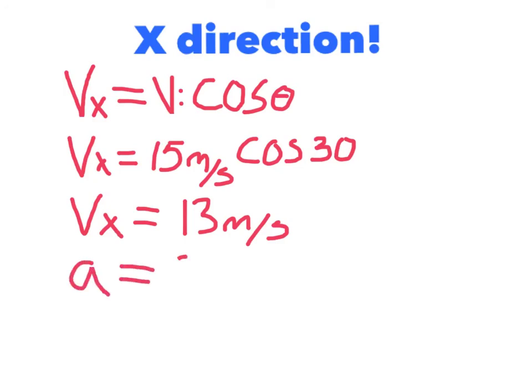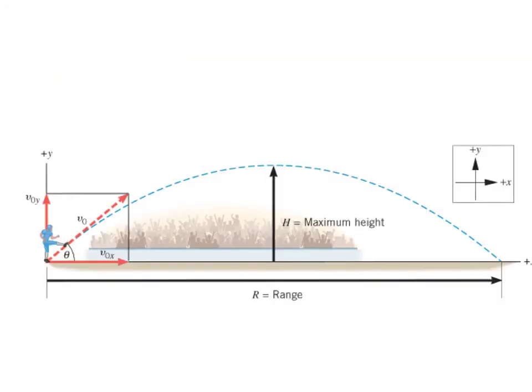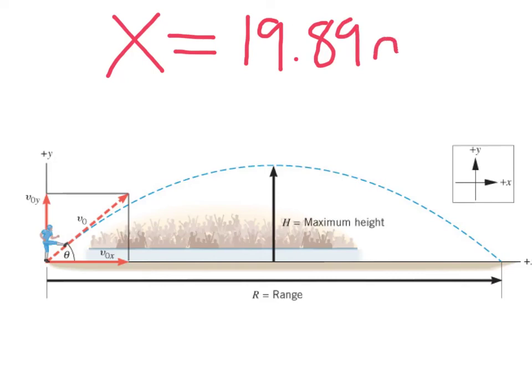Acceleration equals 0, and x equals 13 meters per second times our time of 1.53 seconds. So our x equals 19.89 meters. And this is also known as the range.